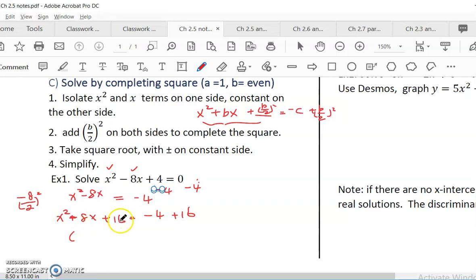And now you can factor it. This becomes a perfect square of x minus 4, squared, because the square root of 16 is 4.